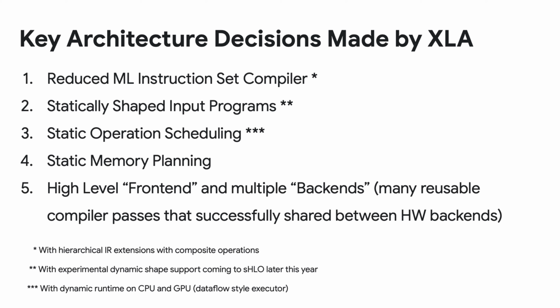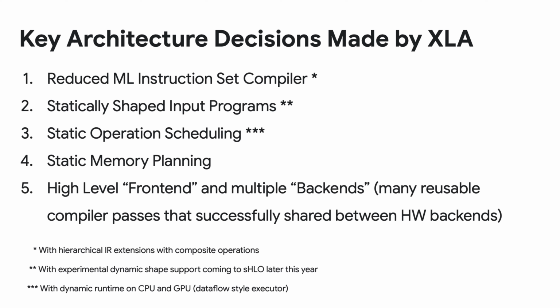Another decision was statically shaped input programs, because if you want to reach peak performance on your hardware, you have to know perfectly well the sizes of all your data, because you have to do register assignment and memory assignment planning. This worked really well in the past, but these days it's changing because of mobile.